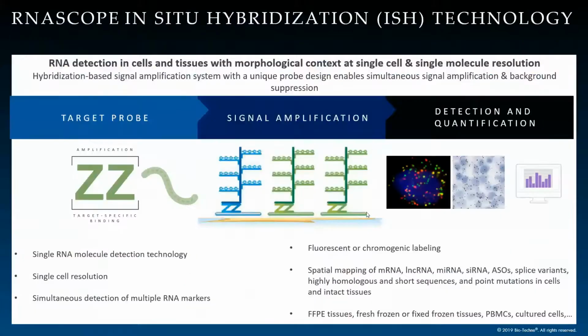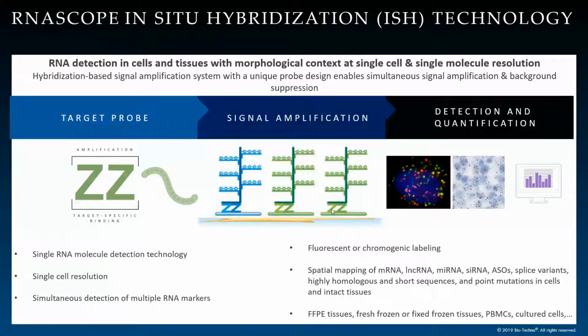What makes this assay unique is that it is an ideal spatial analysis solution to interrogate complex tissues. It is very specific and sensitive, and therefore can be applied to a range of sample types, which include FFPE tissues, fixed and fresh frozen tissues, PBMCs, and cultured cells.